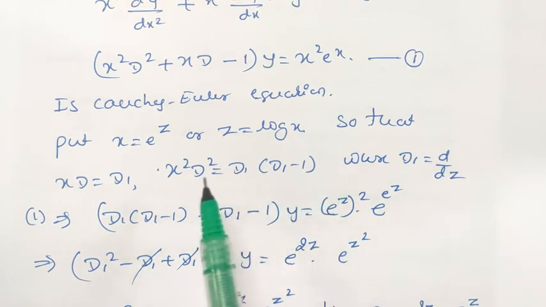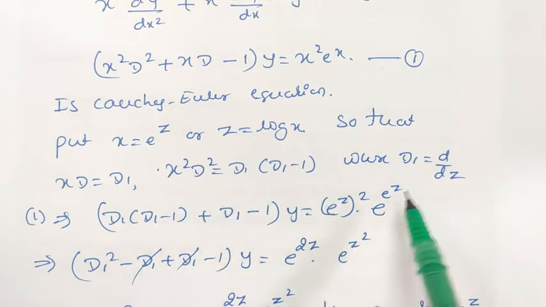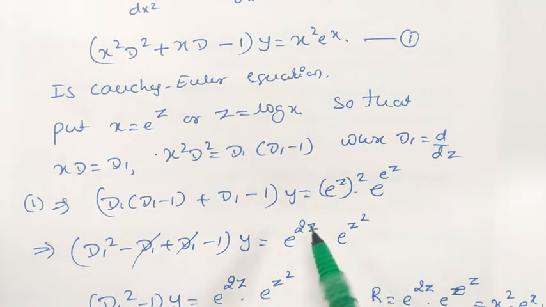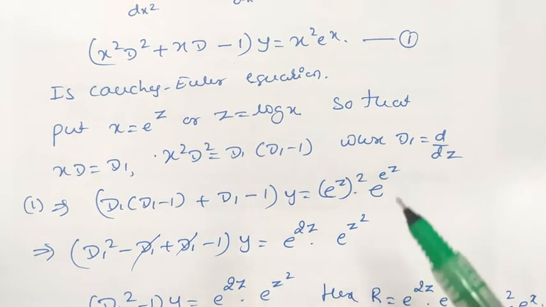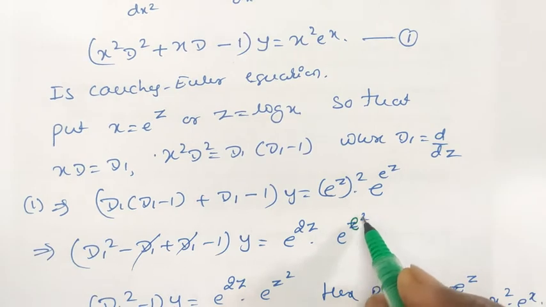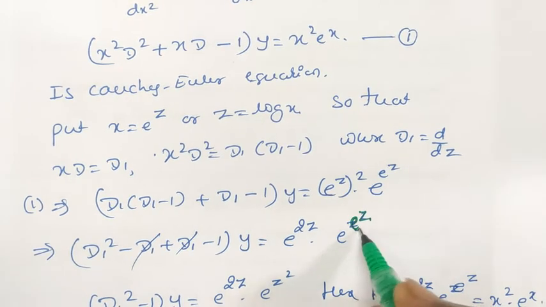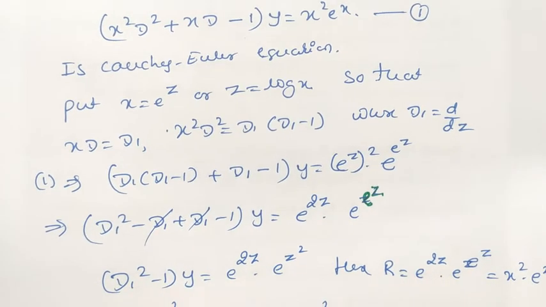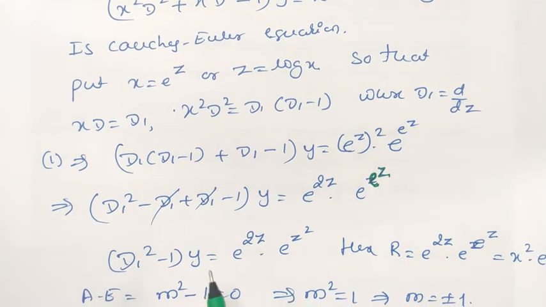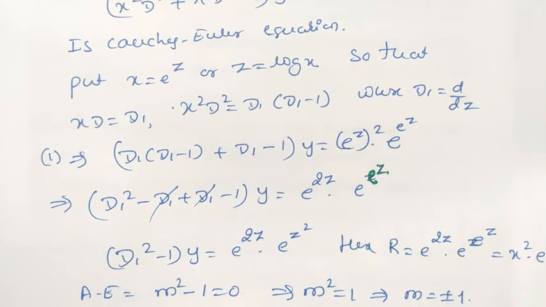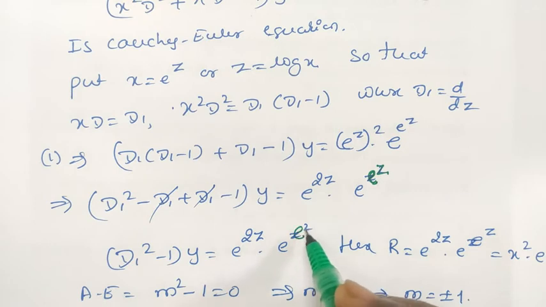X is e raised to z, no? So this becomes e raised to 2z into e raised to e to the power of z. Now it is D1 square minus 1 of y equal to e to the power of 2z into e to the power of z.